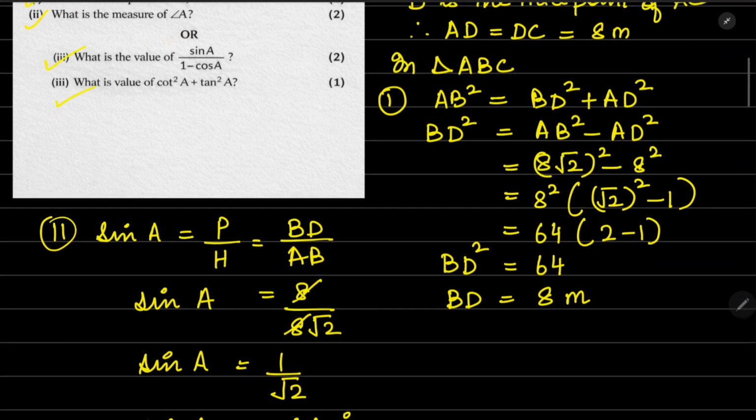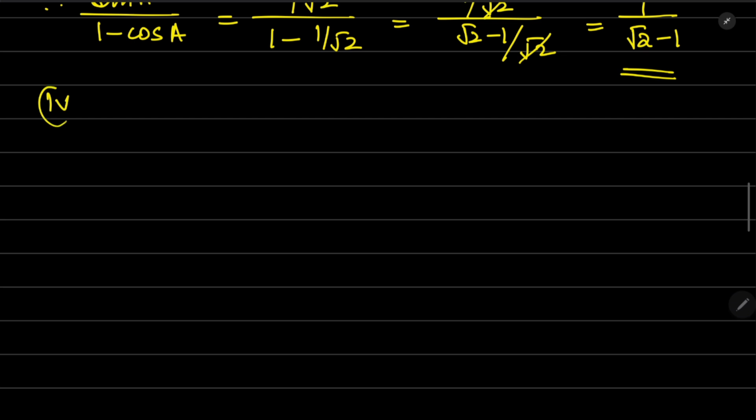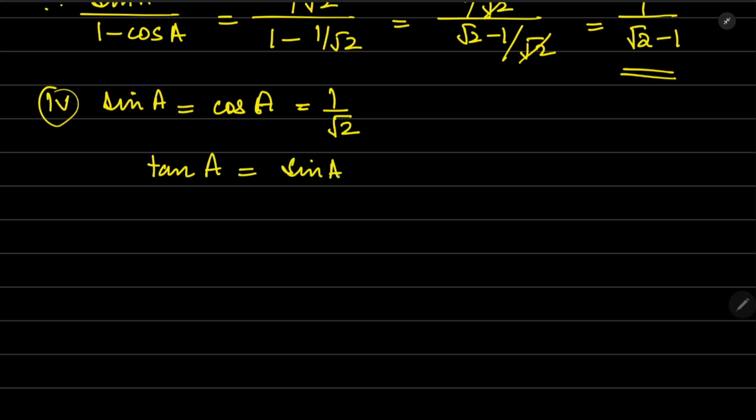For the last one, what is the value of cot square A plus tan square A? Again, we know sin A and cos A. So we know sin A is equal to cos A equal to 1 by root 2. We just proved it. Now what is the tan A formula? Tan is nothing but sin A by cos A. What is sin A? 1 over root 2 divided by 1 over root 2, which is nothing but 1.